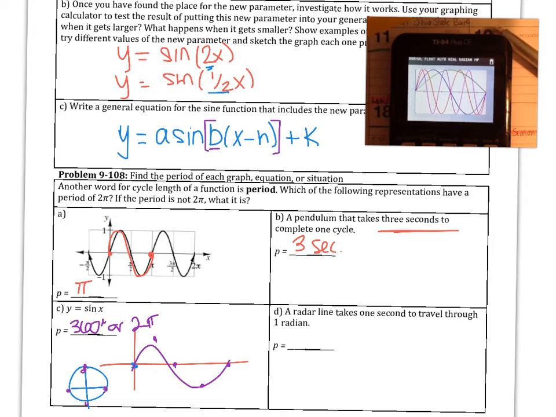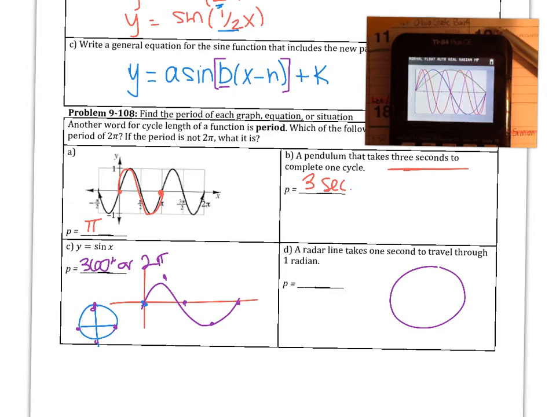Part D, a radar line takes 1 second to travel through 1 radian. So this one's a little bit trickier, but think about that radar screen. It's a circle, and this problem is saying that it takes the radar line, which is the radius, 1 second to travel through 1 radian.